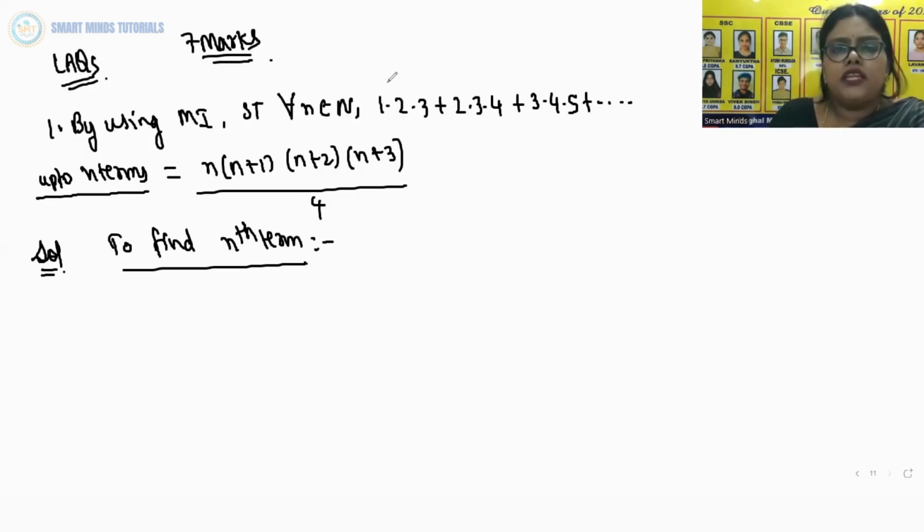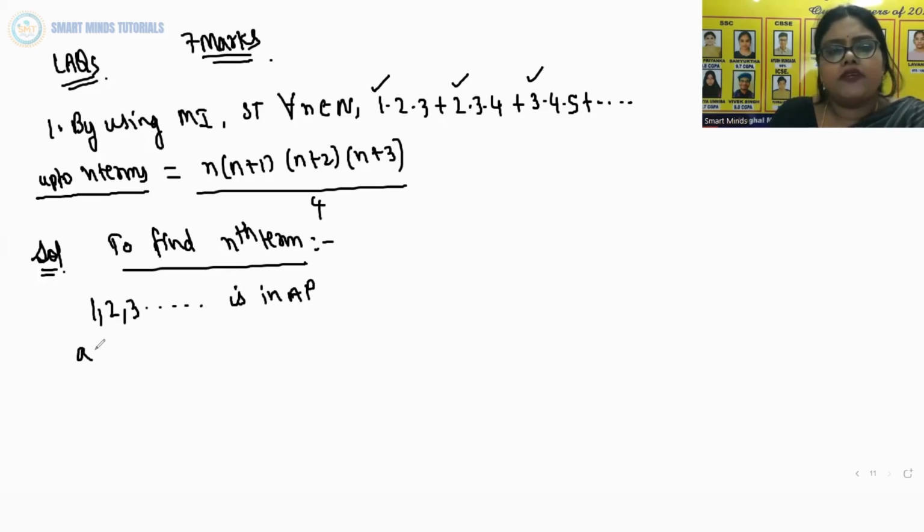Now you see in each term you have three numbers, 1 into 2 into 3. In the second term you have again three numbers, 2 into 3 into 4. Then in the third term you have again three numbers. So we will take the first number of each term. So we take 1, 2 and 3. You can see 1, 2, 3 and so on is in AP.